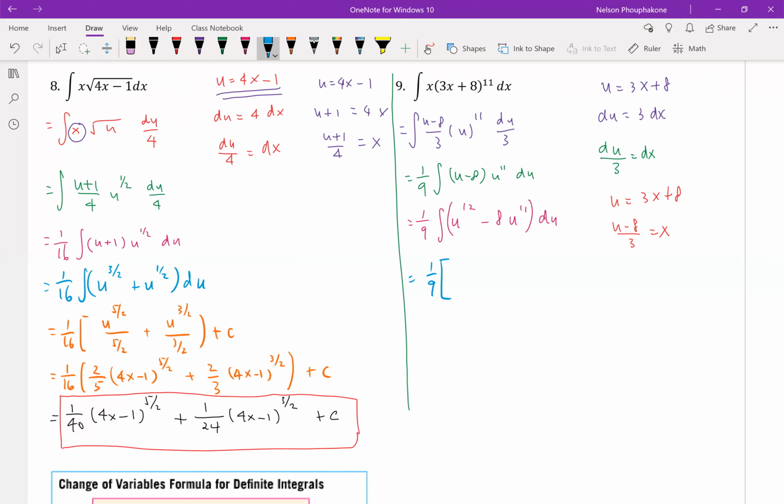So for this one right here, I will have u to the 13 over 13 minus 8 times u to the 12 over 12 plus c.